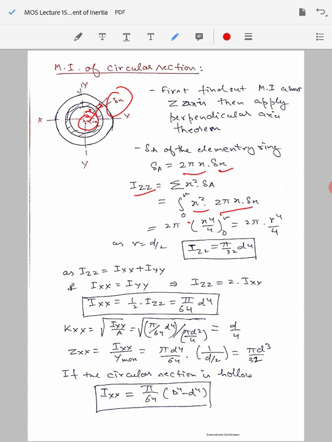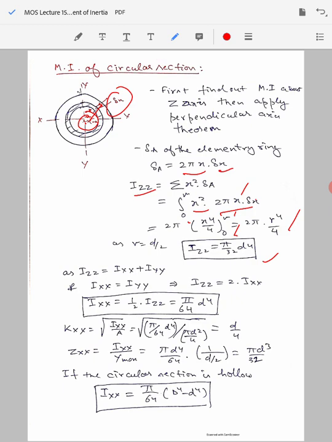So you will have 2 pi, and because x square multiplies with x, it becomes x cube. This integral will be x to the power 4 by 4 with limits from 0 to r, which gives you 2 pi r to the power 4 by 4. If we express r in terms of diameter d, r is equal to d by 2. In that case, the moment of inertia about the z axis will be pi by 32 d to the power 4.